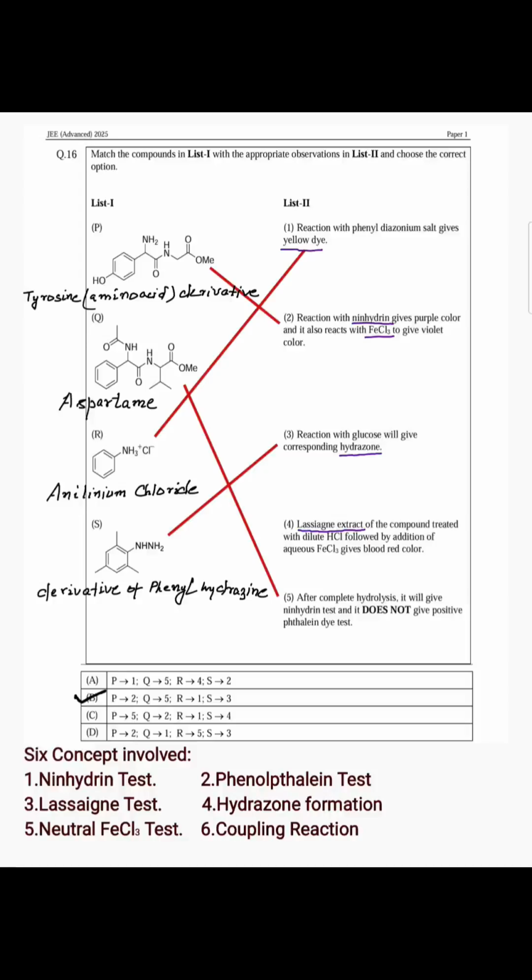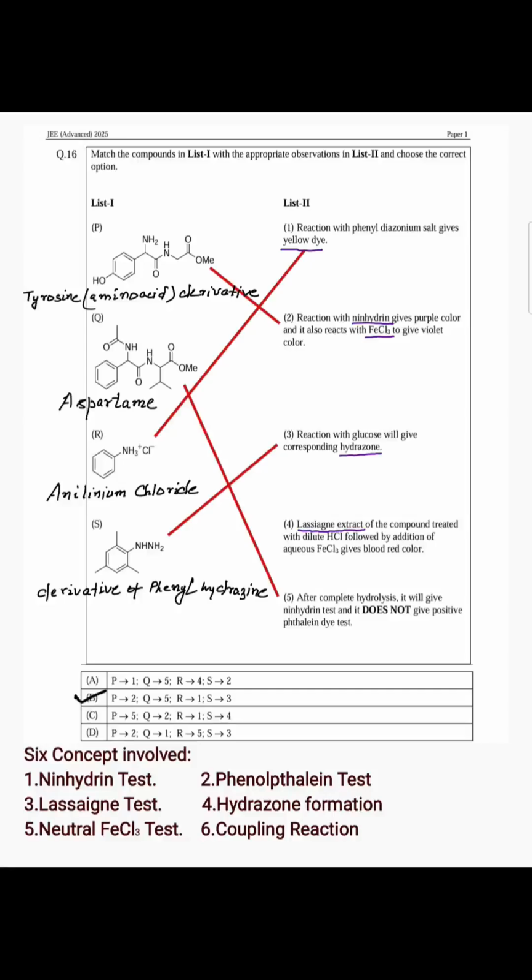And the last one, number 5 in list 2, involves complete hydrolysis, and this will again give the ninhydrin test and will not give a positive phenolphthalein test. Again, what is the phenolphthalein test used for? Phenolic compounds, those compounds which contain phenol, or directly we can say it is for phenol.